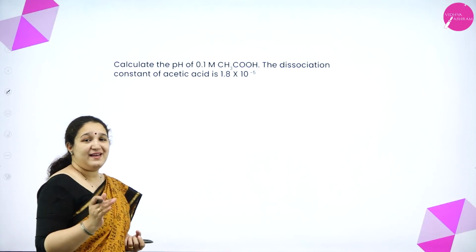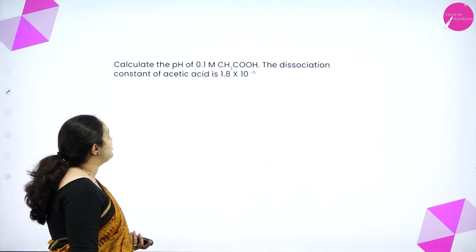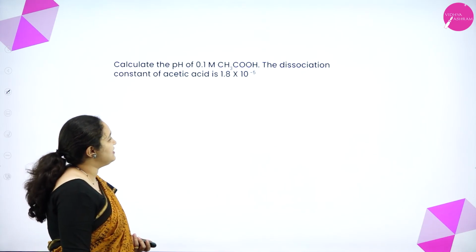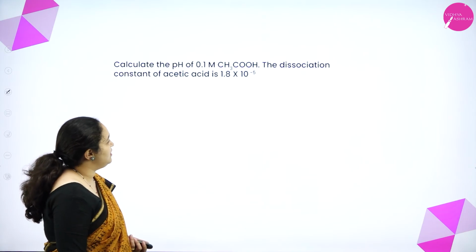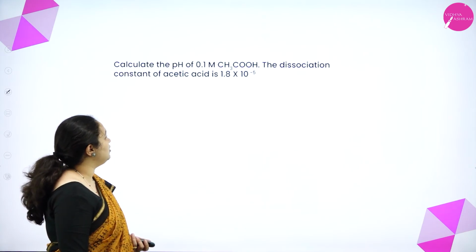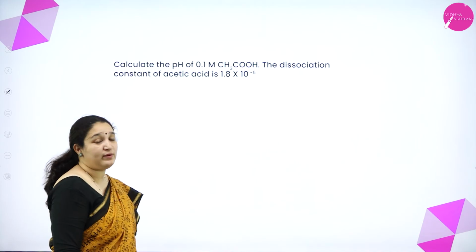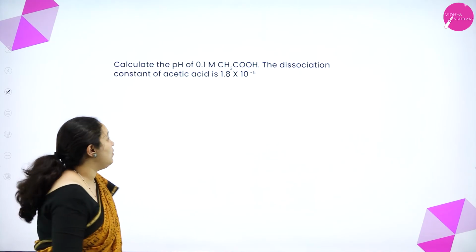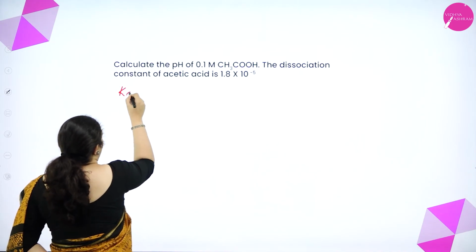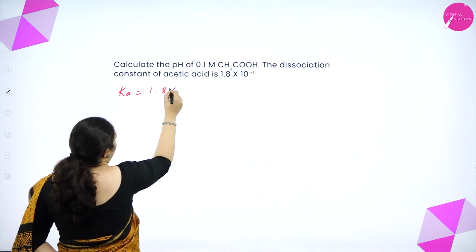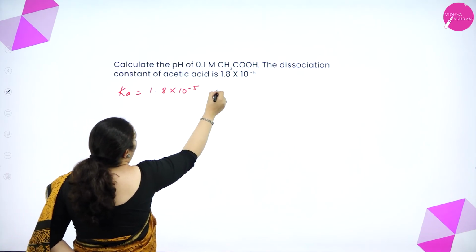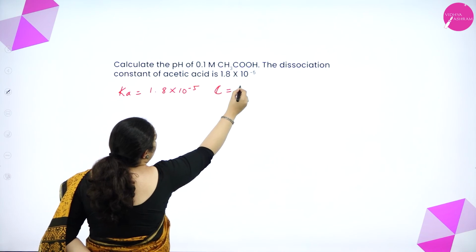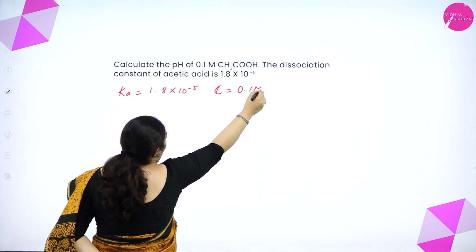Okay. So, next question, calculate the pH of 0.1 molar acetic acid, that is CH3COOH, and the dissociation constant of acetic acid is 1.8 into 10 power minus 5. So, what is given here is the Ka value, that is 1.8 into 10 power minus 5, and the concentration is given as 0.1 molar.